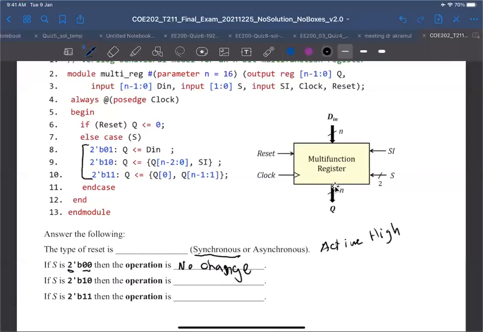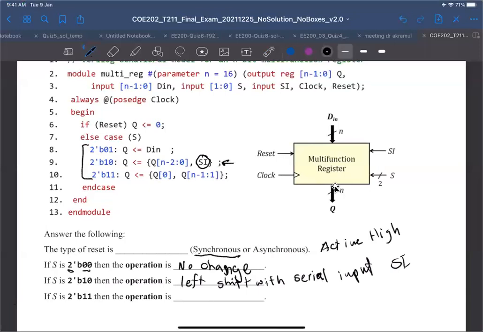And if it is 1 0, then we are shifting to the left with a serial input, so it's a left shift with serial input SI.